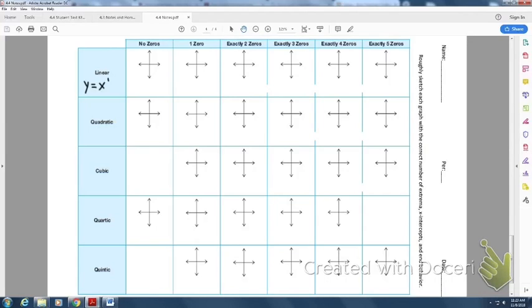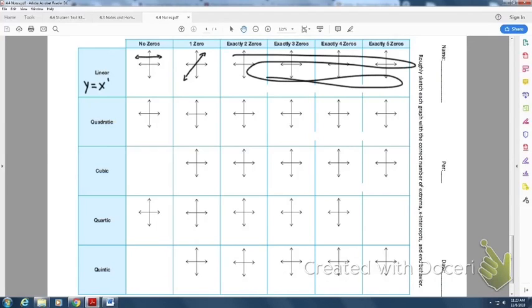A linear graph that has 0 x-intercepts would just be a horizontal graph. A linear that has 1 would be any of them that would cross the x-axis. It will never have any of these.